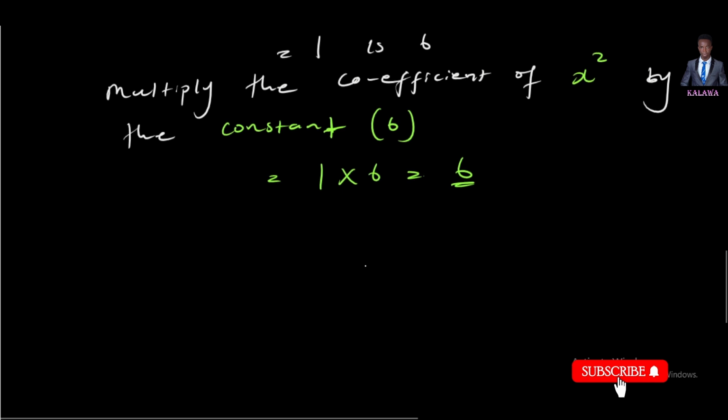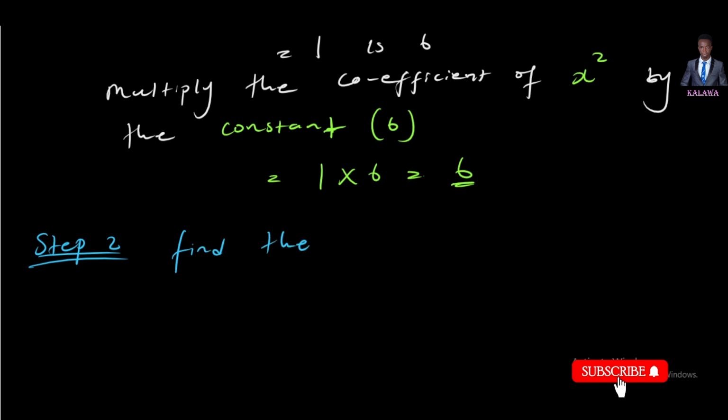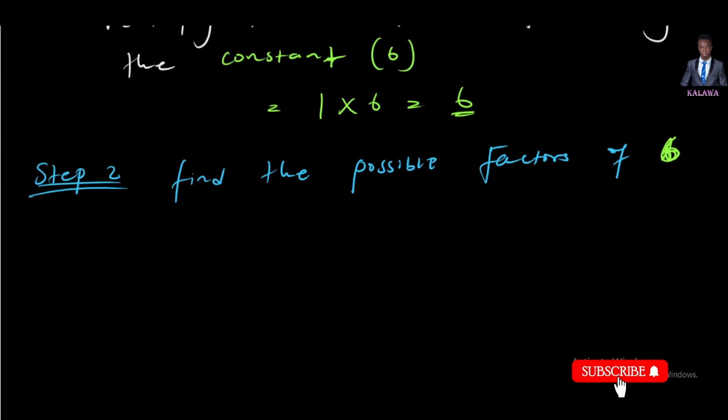Now step 2 is saying that we should find the possible factors of 6. In other words, let's find numbers that we can multiply that can give us exactly 6.